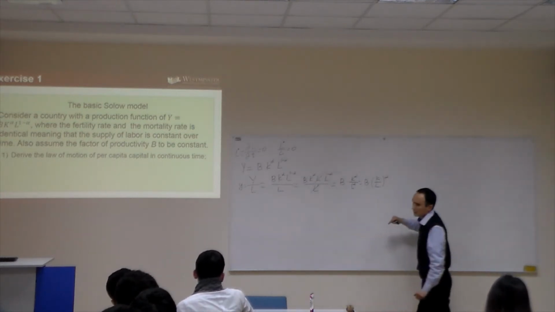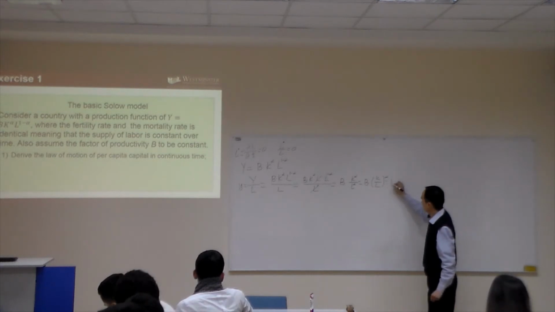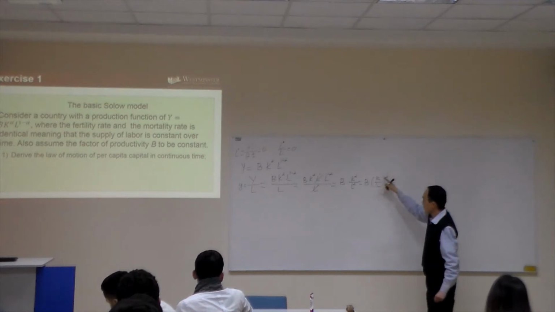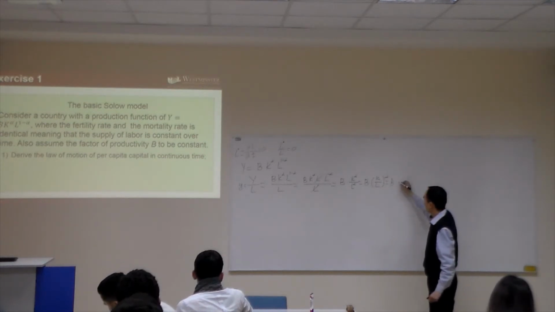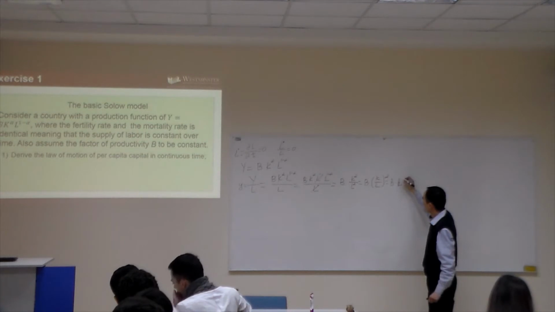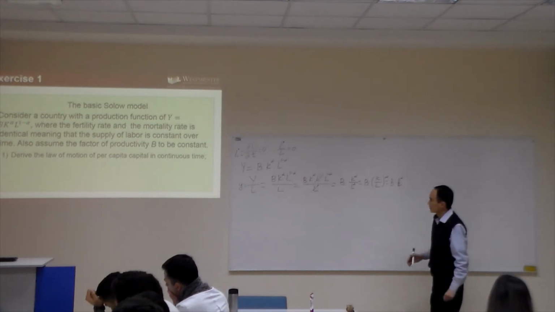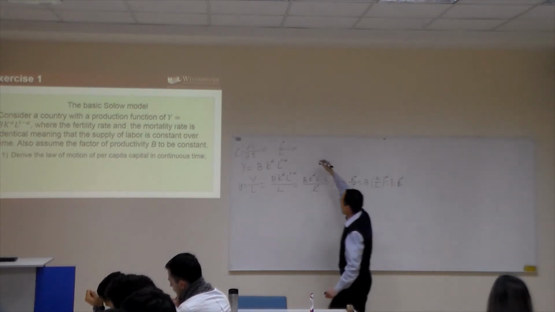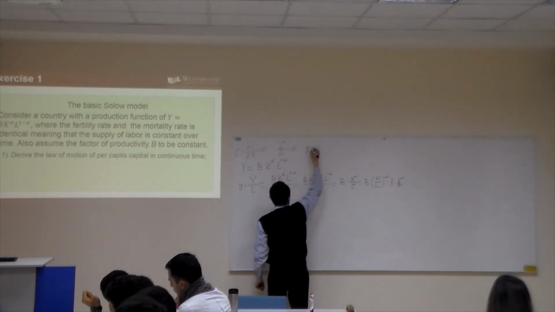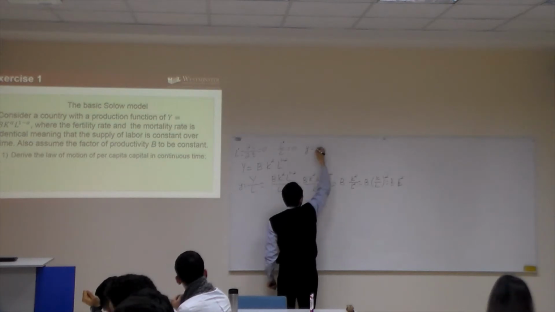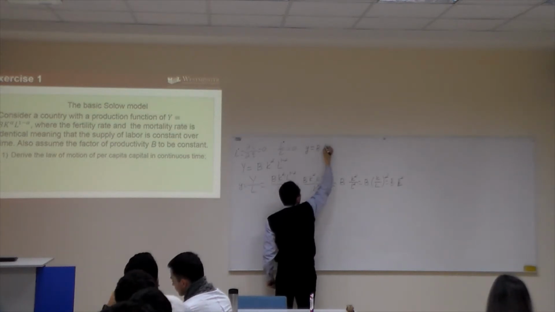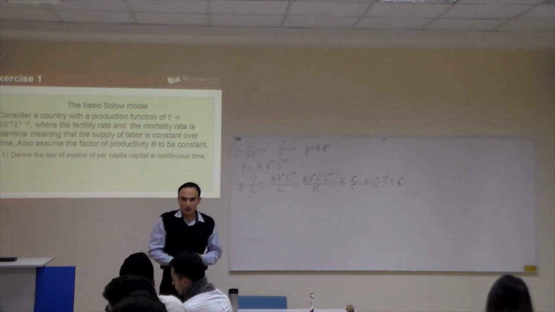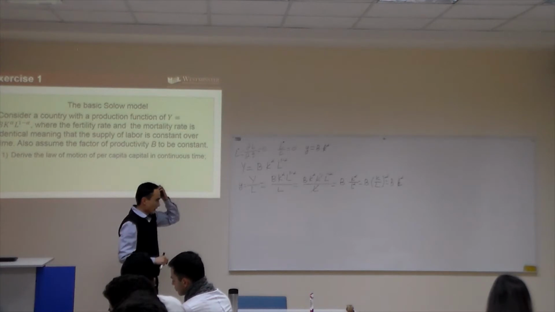Capital over labor gives us capital per worker, small k, to the power of alpha. We will be using it over and over. So let me write it down: our output per worker is equal to technology times capital per worker to the power of alpha.